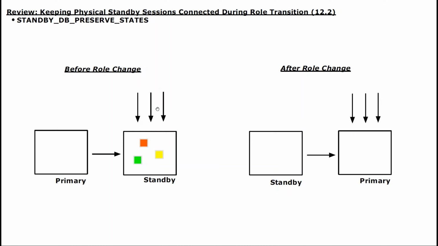So all the sessions request blocks, cache those requested blocks in memory, and then return output. But if a role transition service request comes, then your standby database becomes the primary database. By setting standby DB preserve state, we can maintain the same sessions without disconnecting. And that's a nice feature.